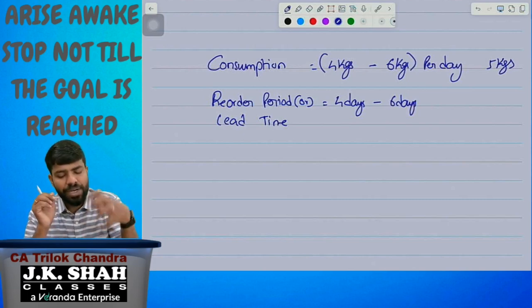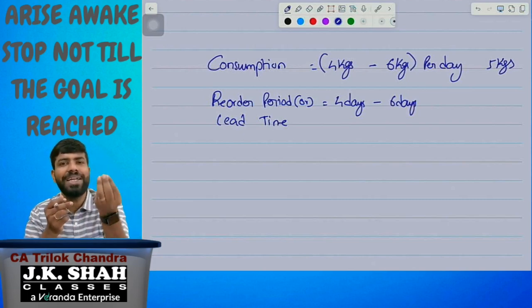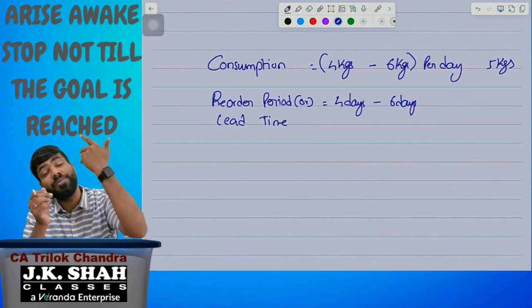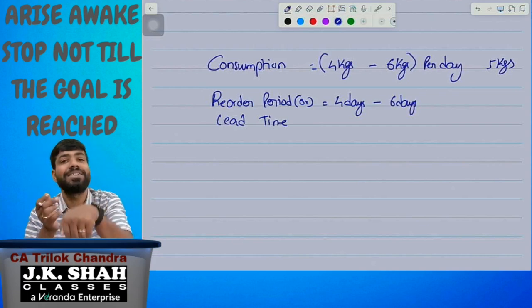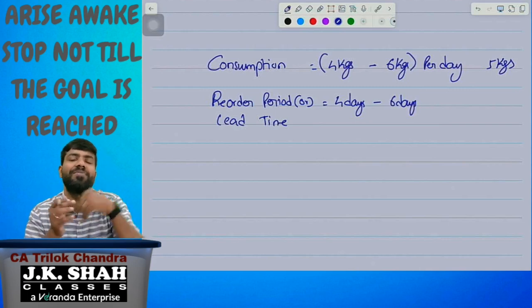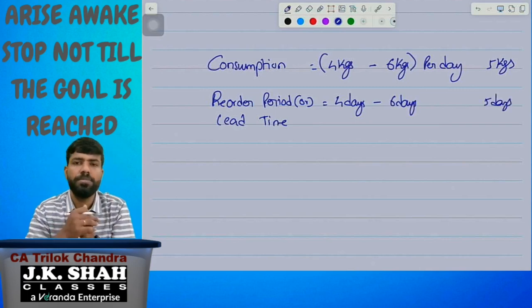Same way, when it comes to lead time or reorder period, the minimum delivery time taken by the supplier is 4 days. The maximum delivery period taken by the supplier is 6 days. That is also we are going to get from the past information. On an average, 5 days.